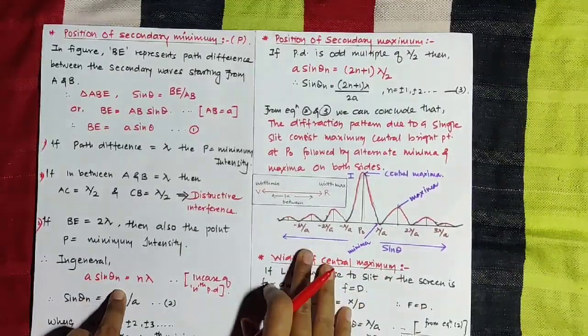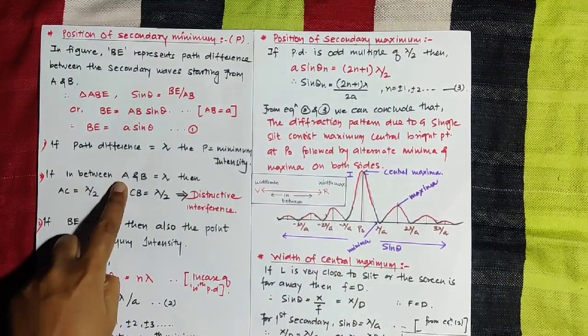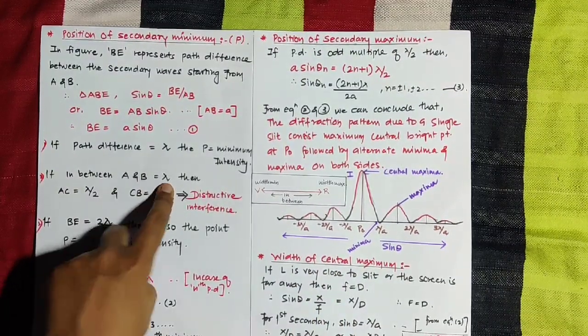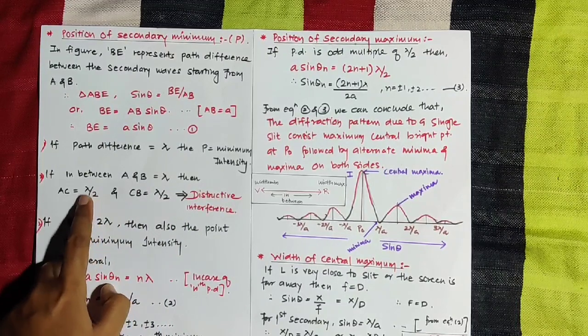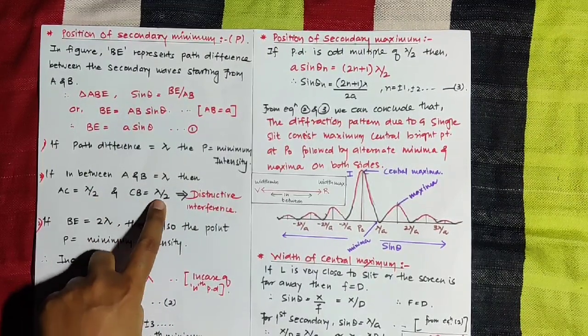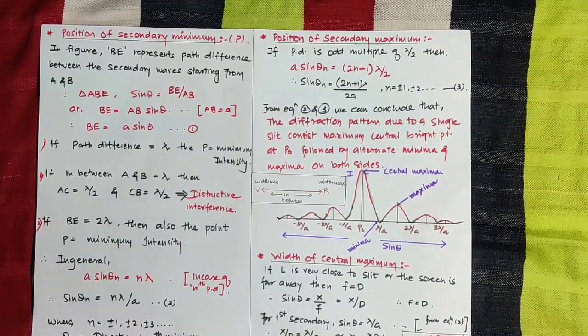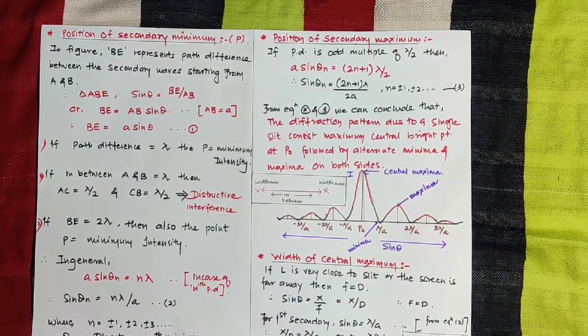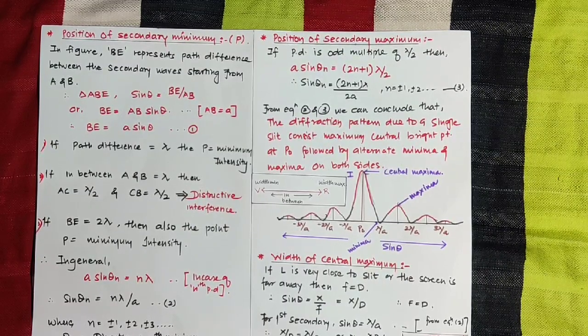So in the second case we can say that if between A and B is lambda, then AC is lambda by 2 and CB is lambda by 2. At this stage, the path difference between the secondary waves from these points A and C is lambda by 2.